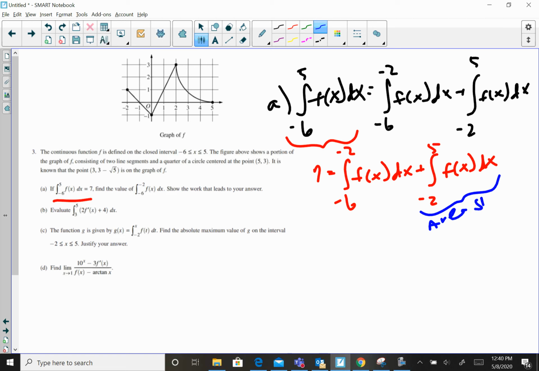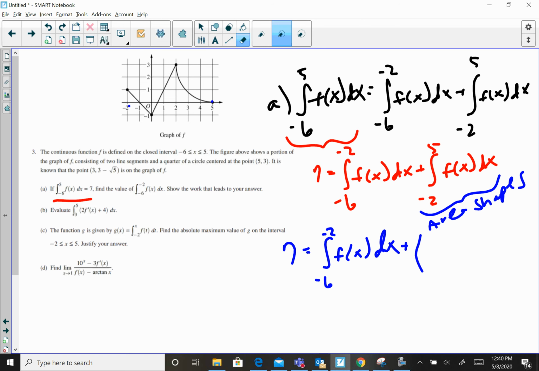This is the area of the shapes, so I can find out a number there. So I have 7 equals, this I don't know, -6 to -2. That's also what the question is asking you to find. So of course you don't know that. And then I'm going to add the area of these shapes. So from -2 until 5, I'm going to add up all of the areas of the shapes between the curve and the x-axis.